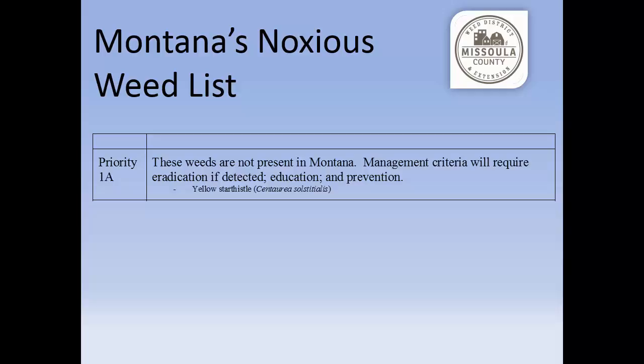We list them so that they can be prioritized when and if we do get them. So yellow star thistle is one of those. It's pretty bad in Idaho. In California, it's terrible. It's like our spotted knapweed. Later on, I'll show you a picture of yellow star thistle. It's not a friendly looking plant. Okay?